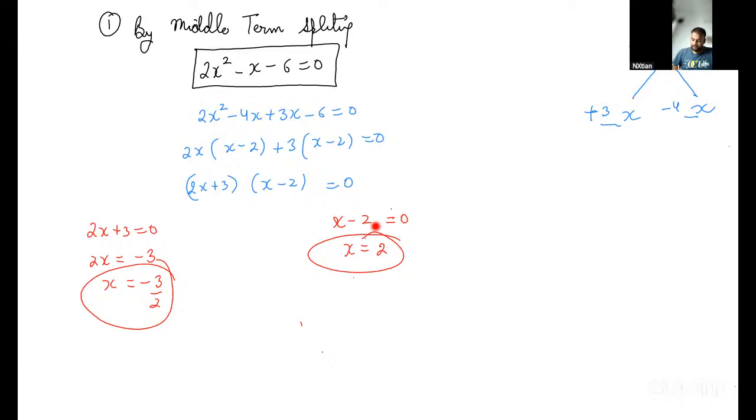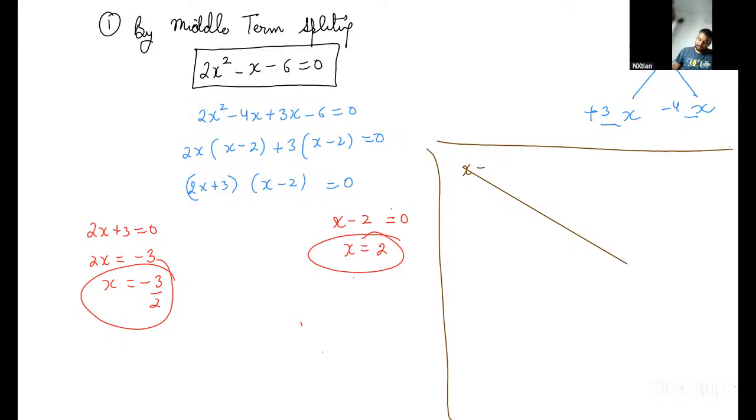Now in the last, if the question is written like we have to verify it, then we have to do the verification also. So how will we verify it? First of all, I will put x as minus 3 by 2. So in the equation, I will put the value of x as minus 3 by 2. So it will become 2 into minus 3 by 2 square minus 3 by 2 minus 6.